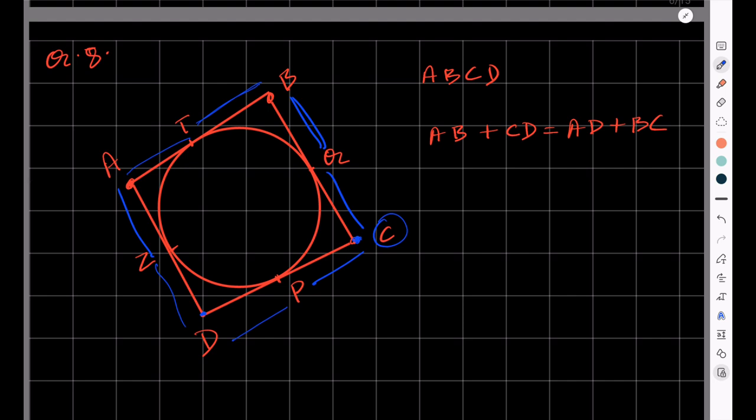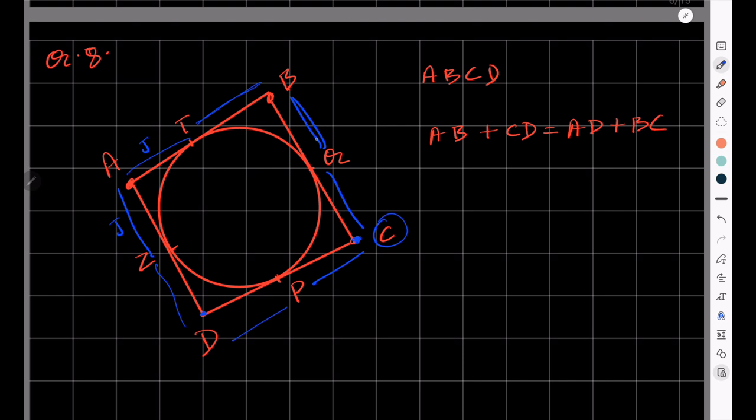So let us name all those things so that we can try to simplify. Let us do the nomenclature in a little bit different way. Let us say that this length AT is equal to J. Then AZ will also be J, isn't it?